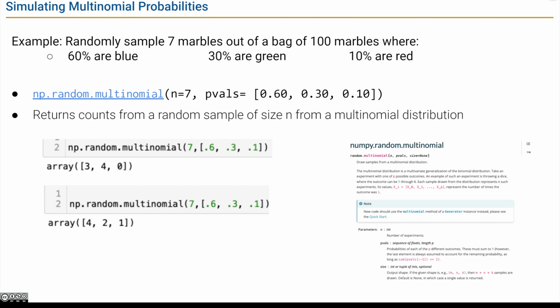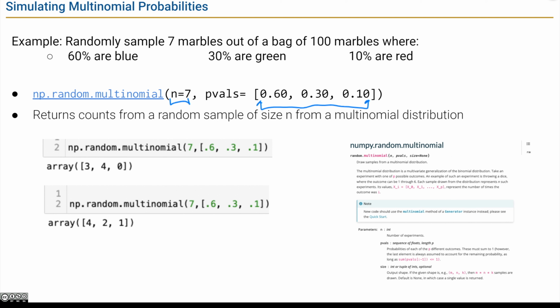Now we can simulate multinomial probabilities in Python, and this will be very useful in some of your upcoming assignments. If I tell you in advance that you have a bag where 60% of marbles are blue, 30% are green, 10% are red, and you're going to sample 7 of these, then I can use the built-in function np.random.multinomial. The arguments are the n parameter, the number of trials, and then the specific probabilities of the different outcomes.